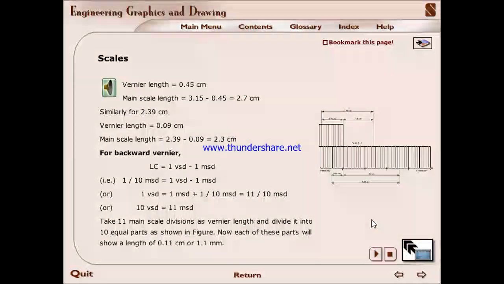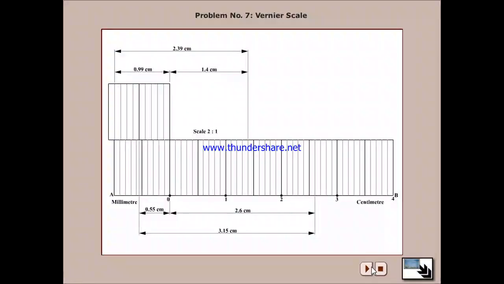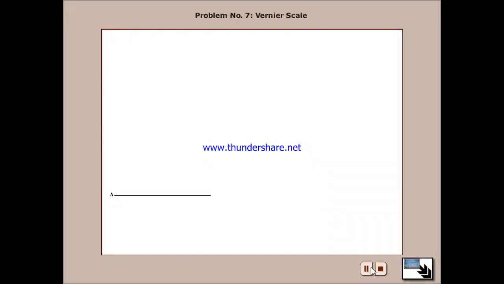Vernier length is equal to 0.45 centimeters. Main scale length is equal to 3.15 minus 0.45, that is equal to 2.7 centimeters.